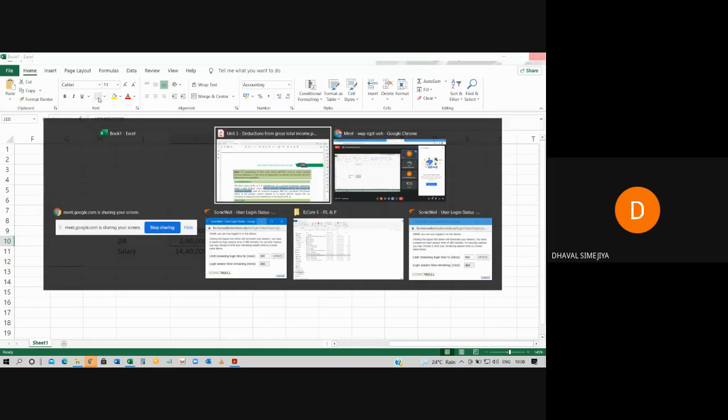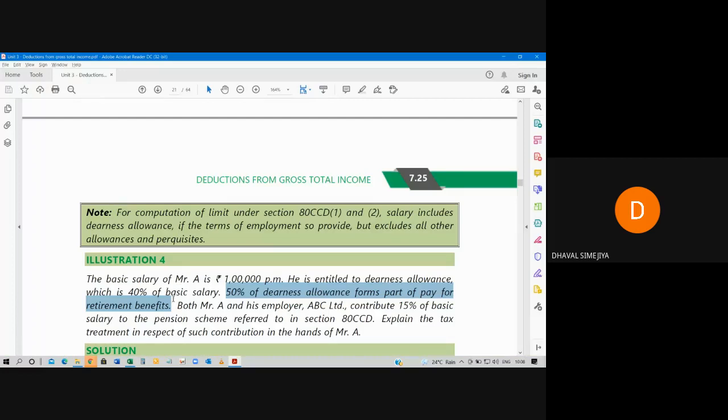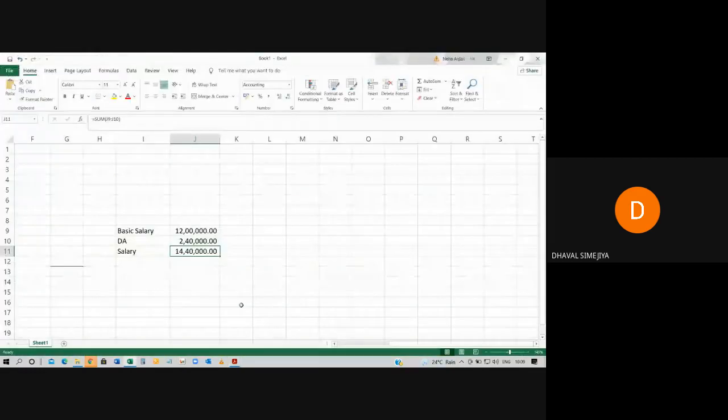Now, both Mr. A and his employer, ABC Limited, contribute 15% of basic salary to the pension scheme referred to in section 80CCD.